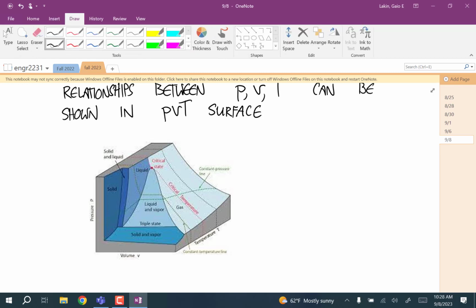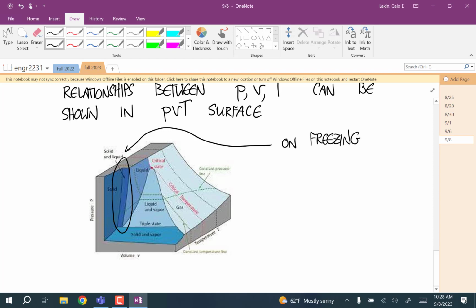Okay, so this is the key thing. You can see that on freezing, the volume reduces. So this is not water.